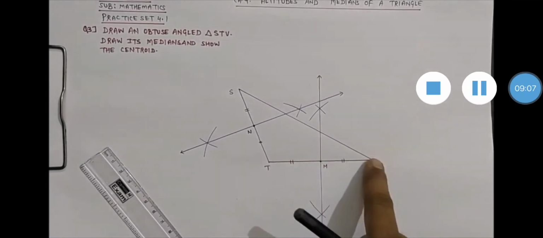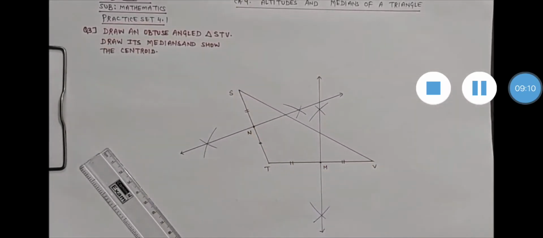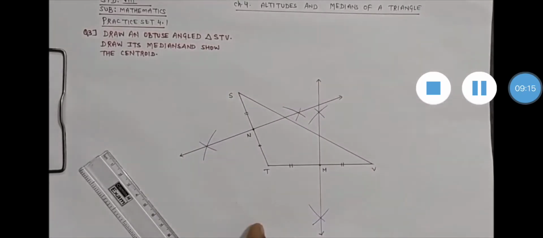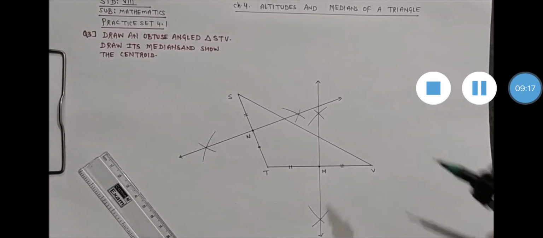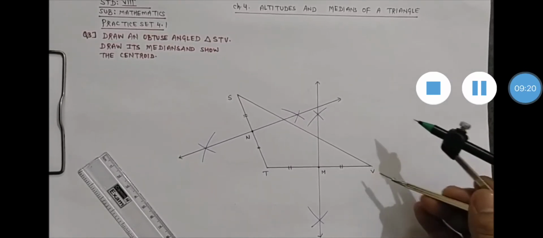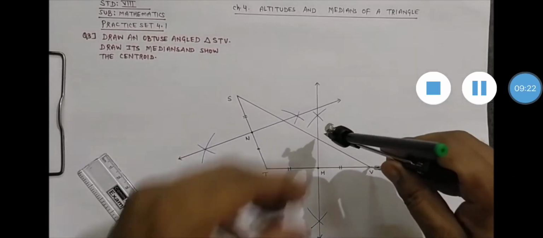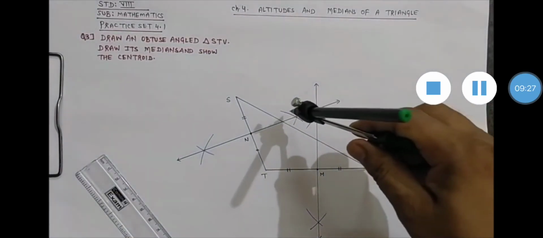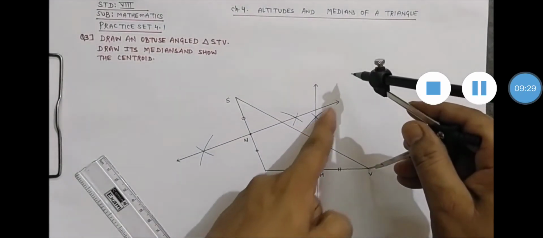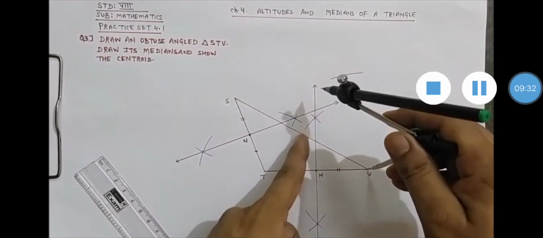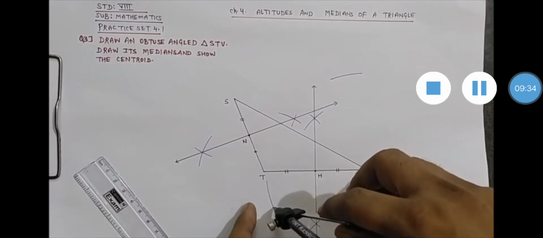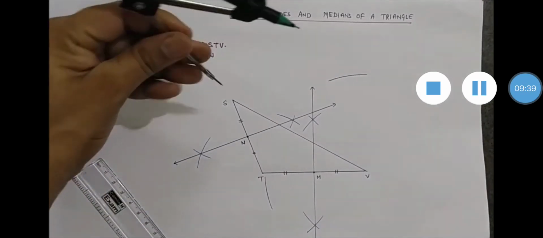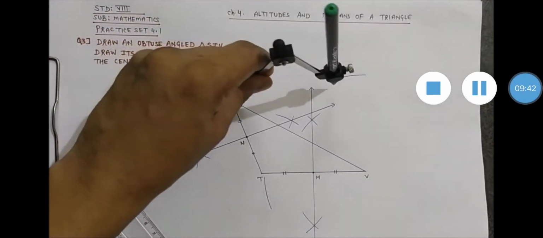Same, now let's do it with SV. Open the compass more than half of line SV and draw arcs on both sides. Now keep the compass on point S and draw arcs on both sides.